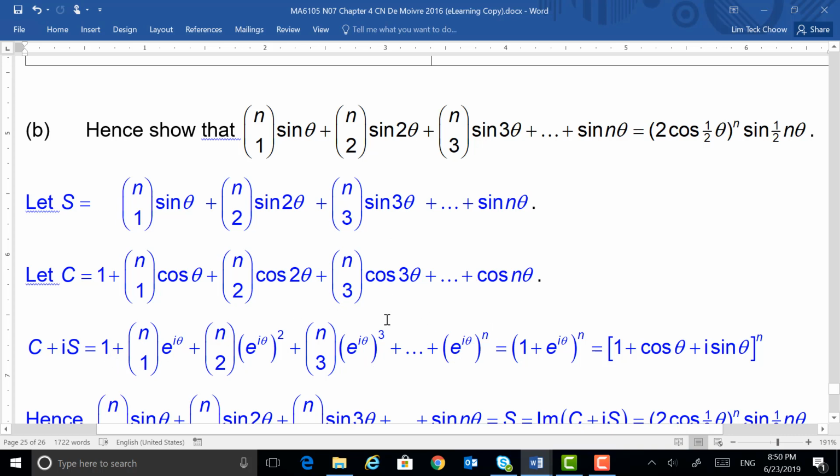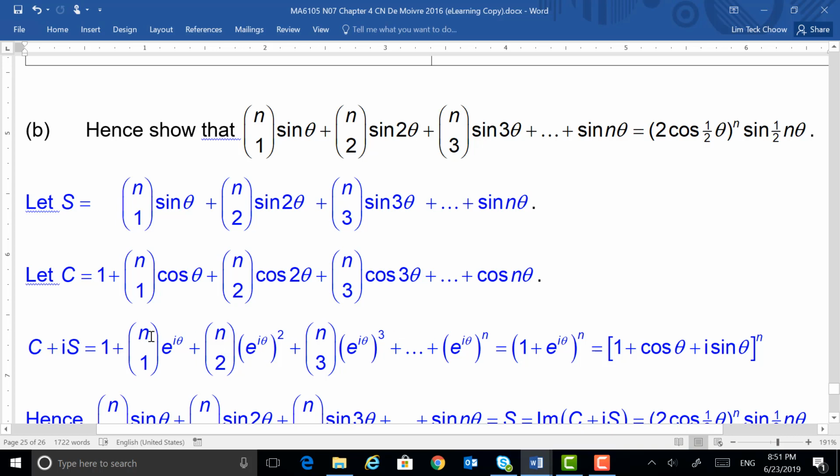If you notice this carefully, you must be able to see that this expression is actually the binomial expansion of this. If you try to do the binomial expansion of this, you will see that it's exactly this. This is actually from nC0 e^(i theta) to the power of 0, then nC1 e^(i theta), then nC2 e^(i theta) squared, and so on and so forth.